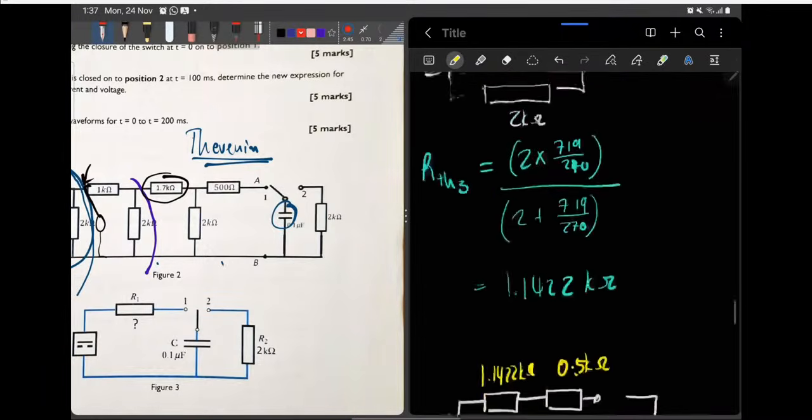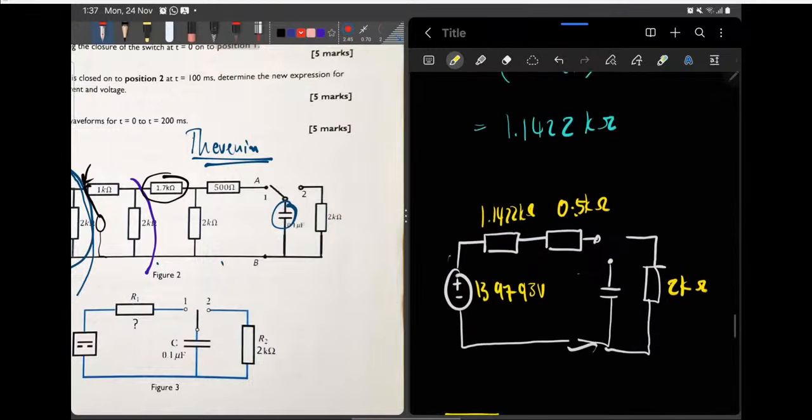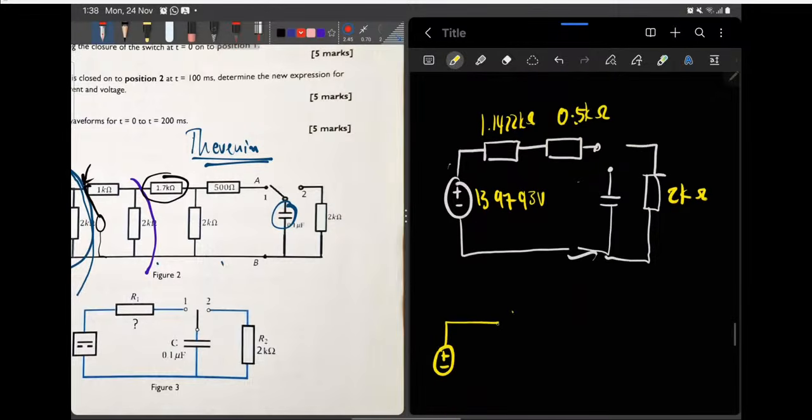Then let's simplify it. So we actually end up having plus minus, these two will add up. This becomes 1.6422 kilo ohms.